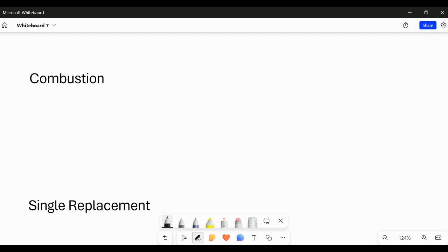For the purposes of this class, we're mostly focusing on when we burn hydrocarbons. Hydrocarbons are just compounds made of carbon and hydrogen.